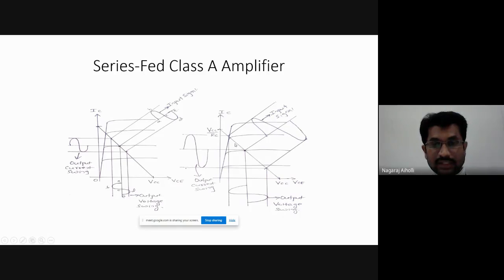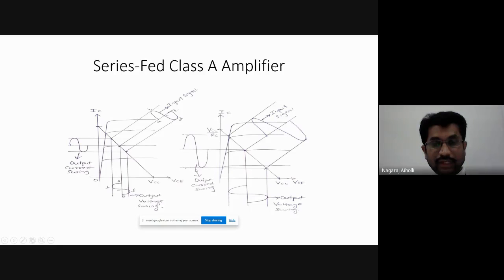This graph shows that as the input signal increases, the collector current and the collector to emitter voltage also increase, but within limits. There is a certain limit for the increase of the collector current and the collector voltage.